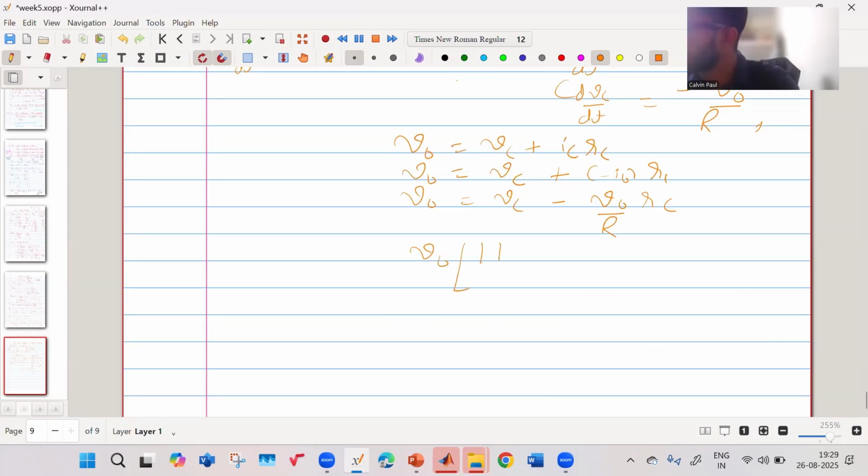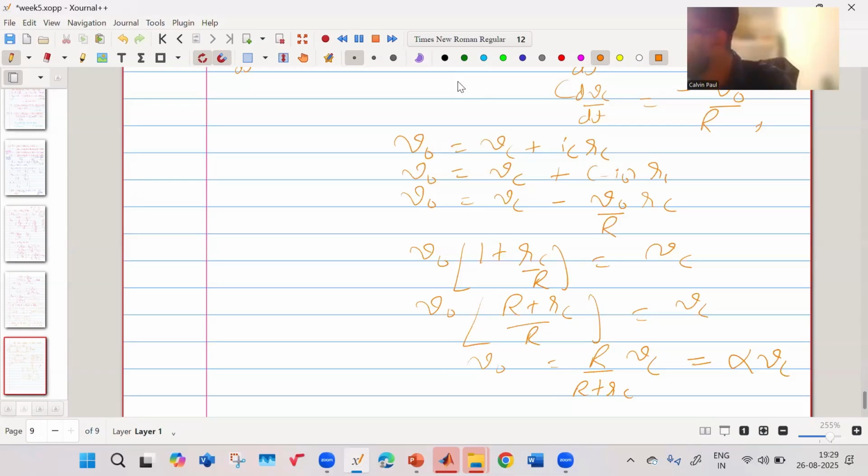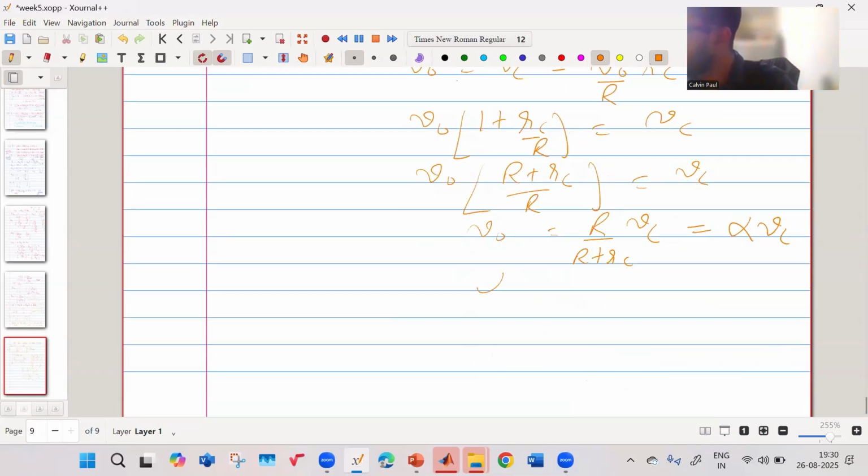So it becomes (1 plus RC by R) V output equal to VC. So V output is equal to R upon (R plus RC) into VC. This we denote as alpha VC, where our alpha is equal to R upon (R plus RC). This is our alpha.